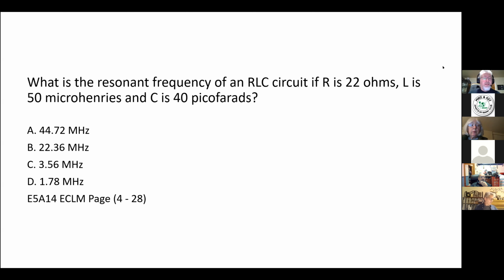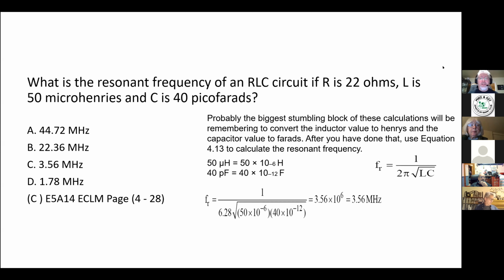C. Charlie is correct. And the biggest stumbling block per the book is remembering to convert the inductor values to henries and the capacitor values to farads, and then you can use the equation to calculate.